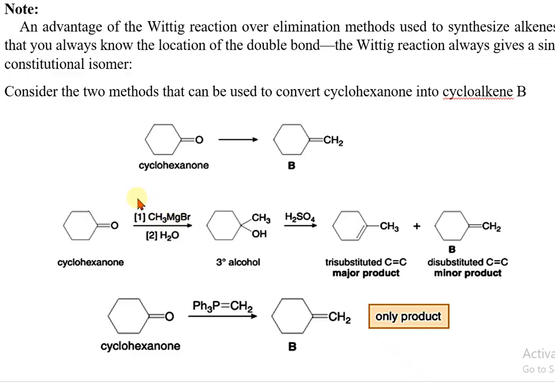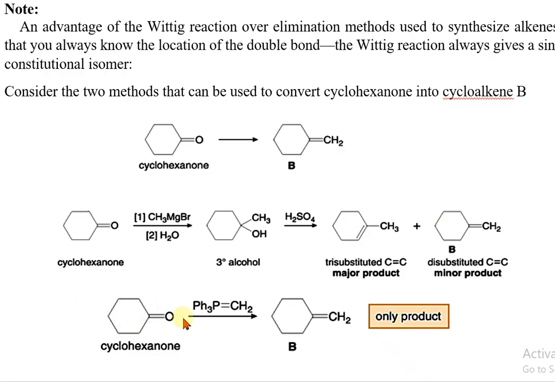The Grignard reagent is added to the carbonyl to produce a tertiary alcohol, which reacts with H2SO4 and undergoes an elimination reaction to produce the alkene. There are two possibilities for the product: maybe the double bond will be here, maybe here, giving a major product and a minor product.